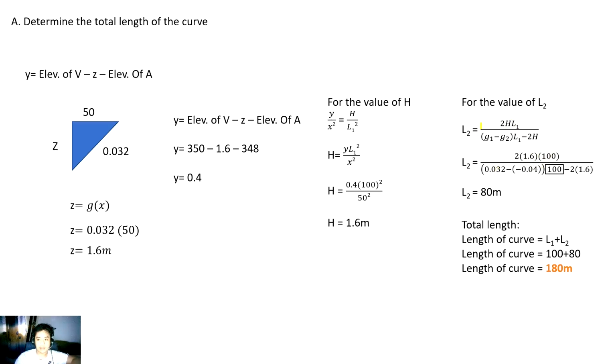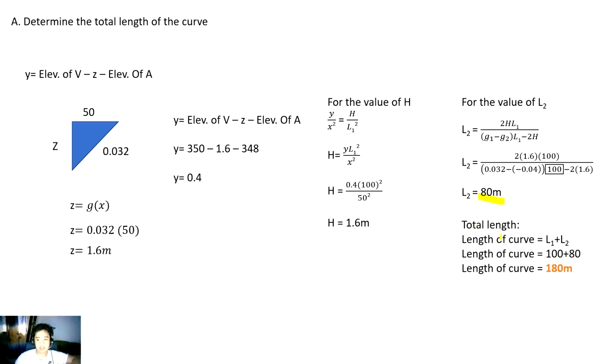Tapos, sa over G1 minus G2, yung G1 natin is 0.032 or yung 3.2% minus negative 4%, so negative 0.04, or pwede rin natin gawin tong 0.032 plus 0.04 times 100 which is yung L1 minus 2 times h which is yung 1.6. So, pag sinolve natin to, makukuha natin yung 80 meters.